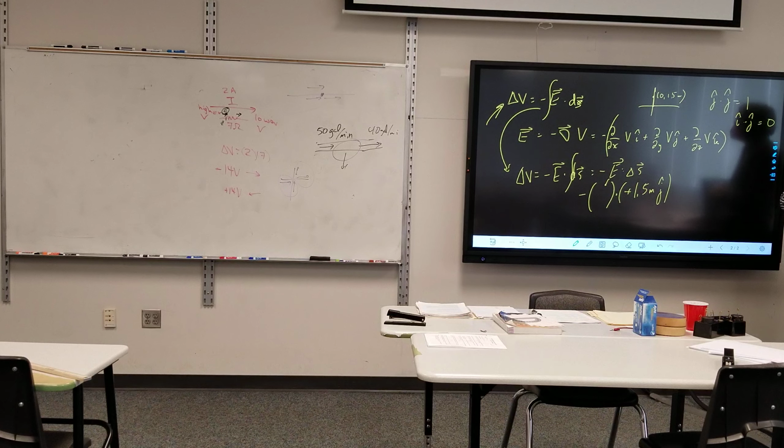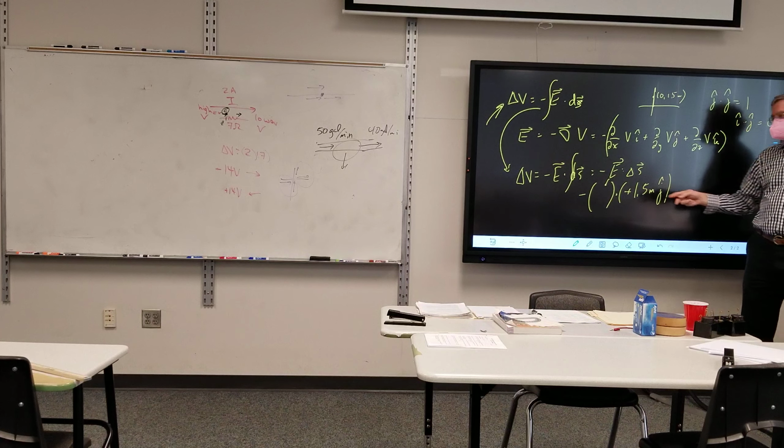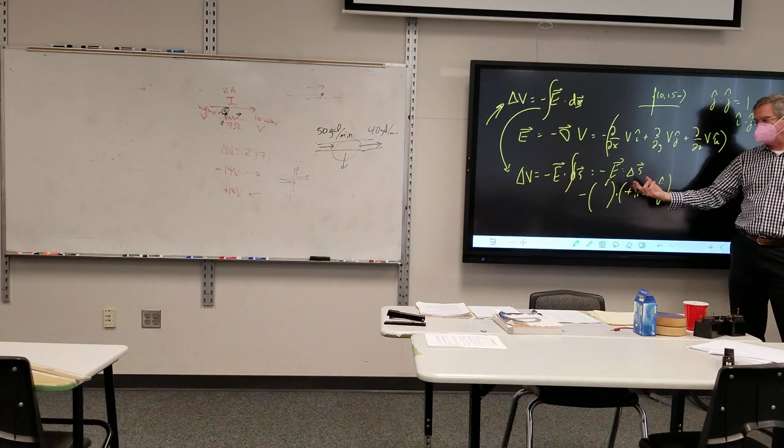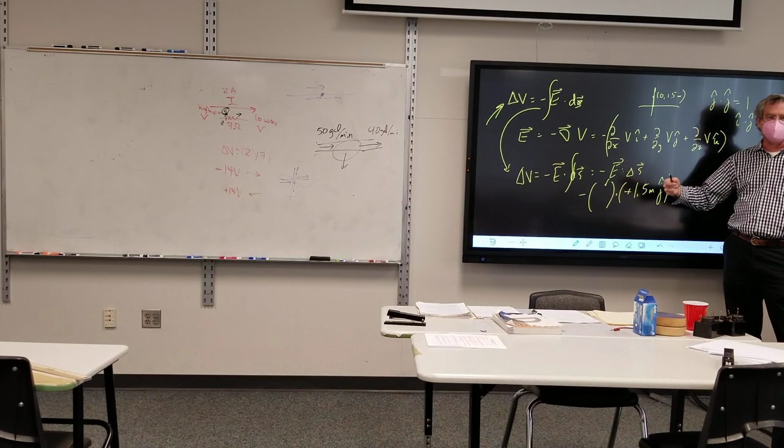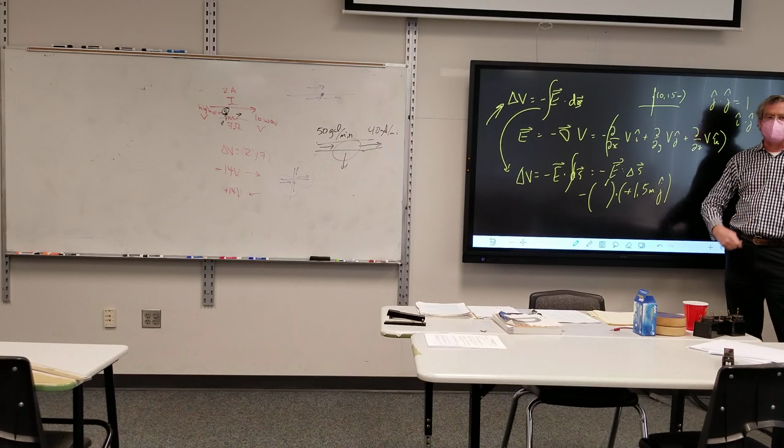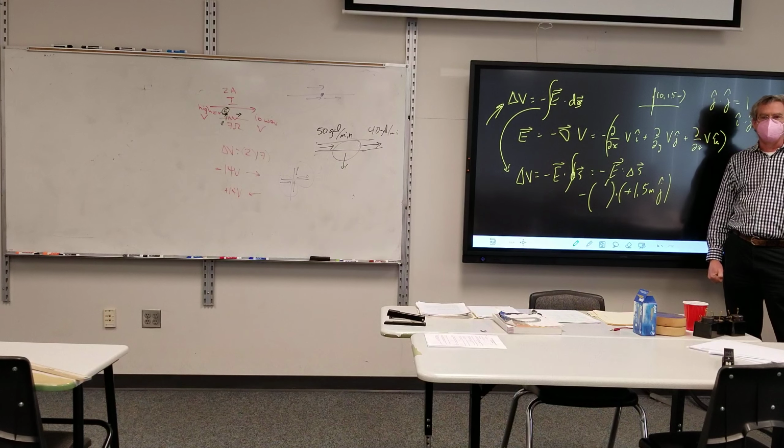Ultimately, you can distribute or FOIL if I've got two binomials, but you end up multiplying the i components together to get a scalar, multiplying the j components together to get a scalar, and then adding them. There's no cross-fertilization between the i's and j's. Dot products only give scalars.